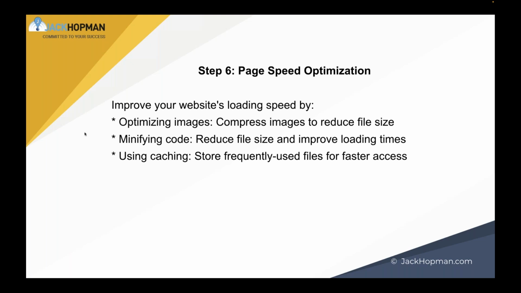Speed optimization. We just spoke about it. Improve your website speed. So I often see that images are not optimized in size. What does that mean? So you need only an image that is 100 by 200, but the image is 1000 by 2000.